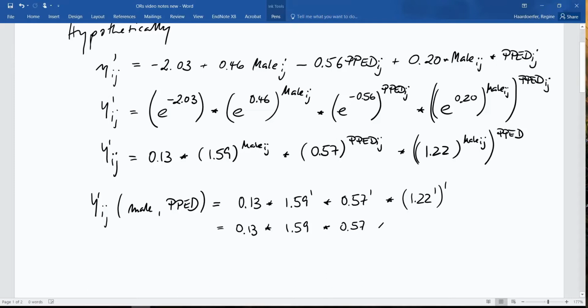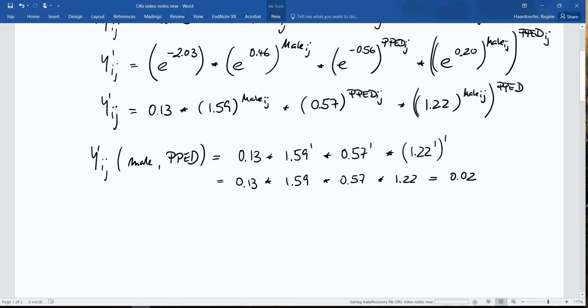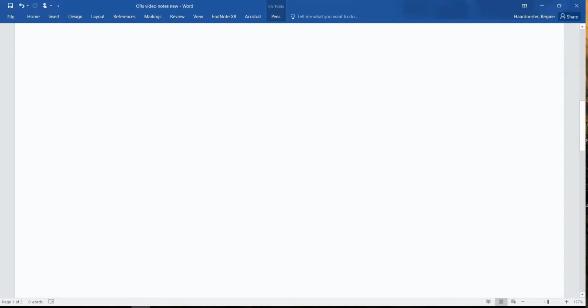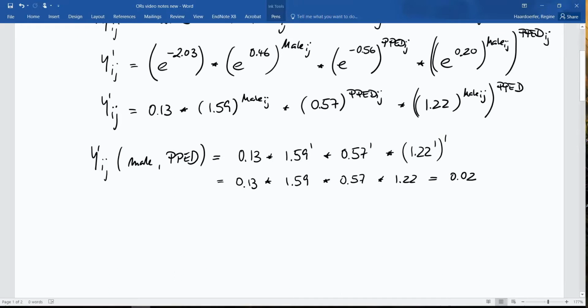And so you will just multiply all these things out and you get 0.02. Now let's say we want to know what's the prediction for a female with pre-primary education given this interaction effect.